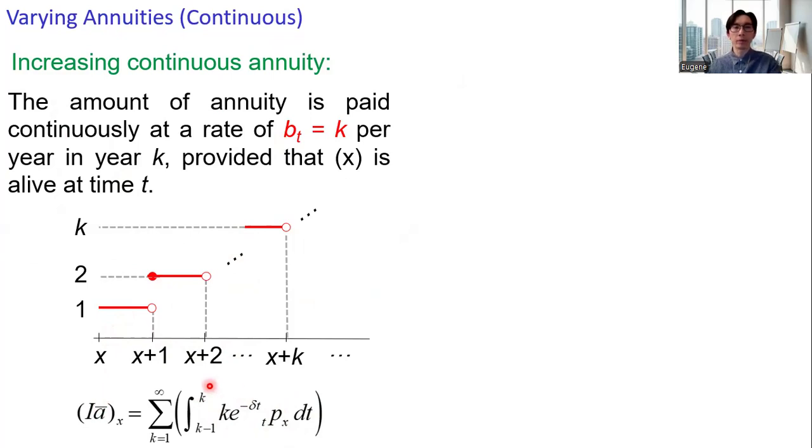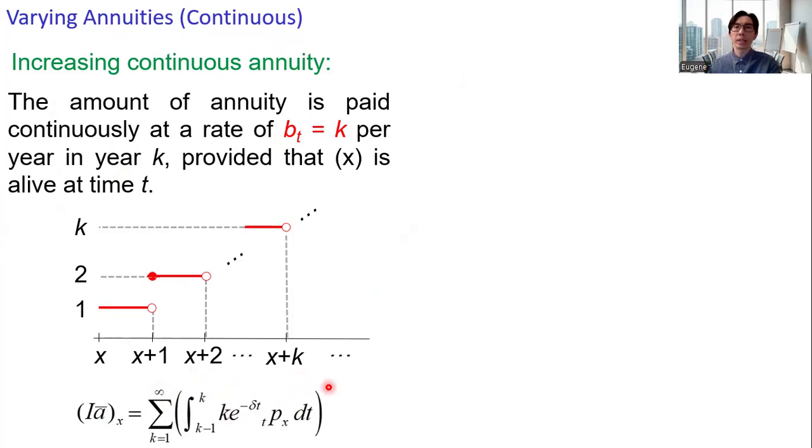In the k-th year, t equals k minus 1 to k, and then the integrand. The payment rate is k, and then the actuarial present value factor e to the power minus delta t, tpx, and then dt. This is for 1 year. And then we sum up for each year. And this is the actuarial present value for the annually increasing continuous annuity.